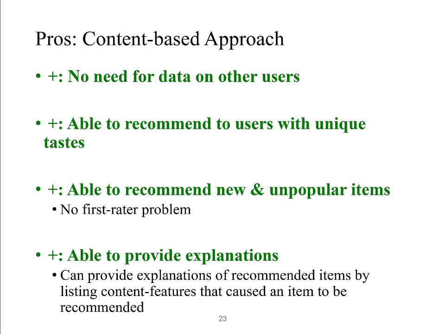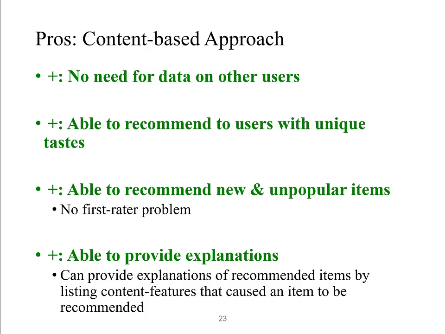So the good thing about the content-based approach is that there's no need for data on other users. It means all you need is your own data, because when you generate the item profiles, it is purely based on the item itself, and when you generate the user profile, it's purely based on the user's ratings of the items.